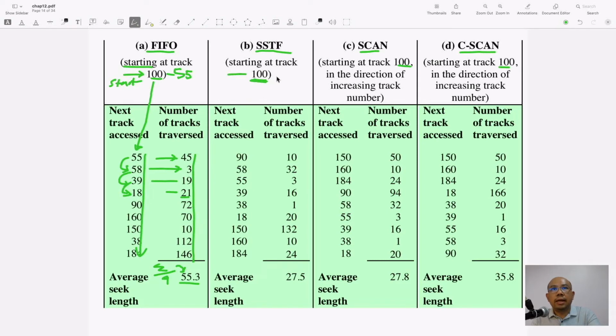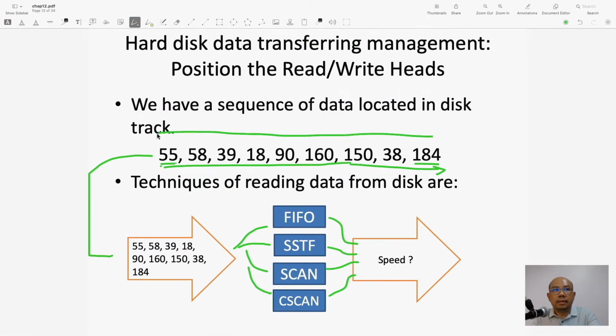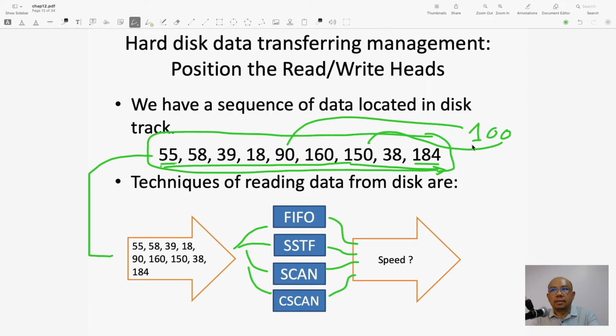When you look at this, which location is close to 100? Maybe 90. And over 100, maybe 150, but that is not close. That means only 90 is close to 100.